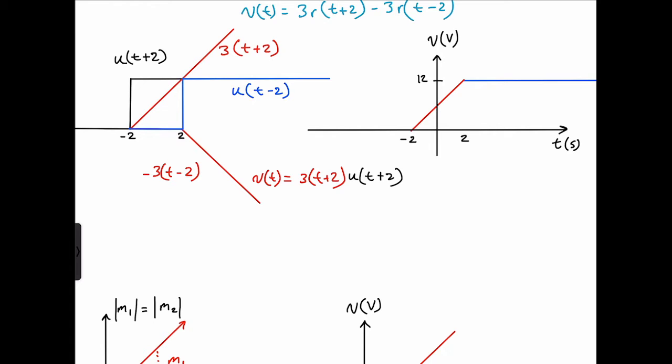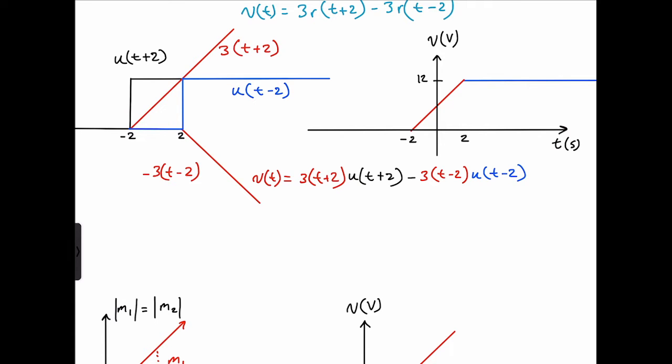Then if we add the unit step function in blue, that is multiplied by the ramp function in red with a negative slope, we get this. That's a negative slope, so that's 3t, and this is a delayed one. And our unit step function in this case is t minus 2.